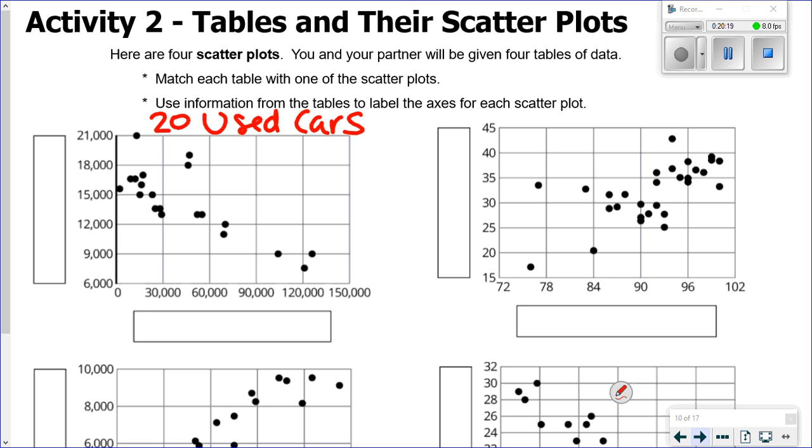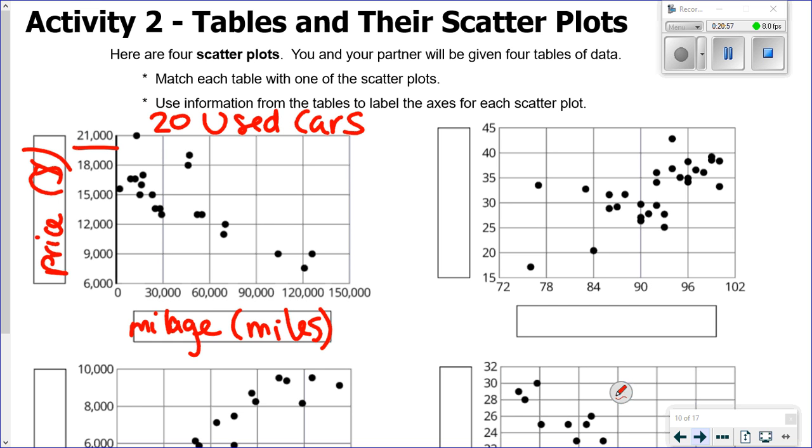If I look closer at the data, the highest price I'm seeing looks like just over 20,000, 20,998, right? So it would make more sense for the price in dollars to be my y-axis here, because that goes up to 21,000, which is just above 20,998. So therefore, the mileage should be the X data here labeled on this first graph.